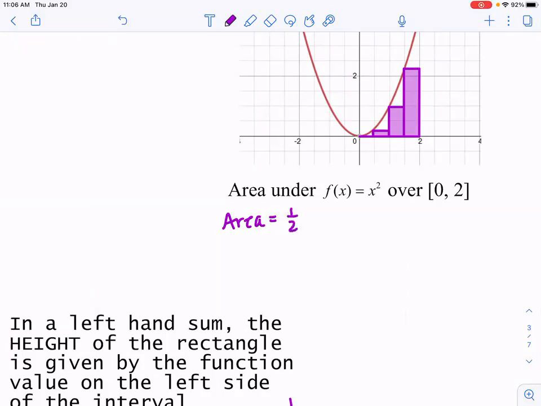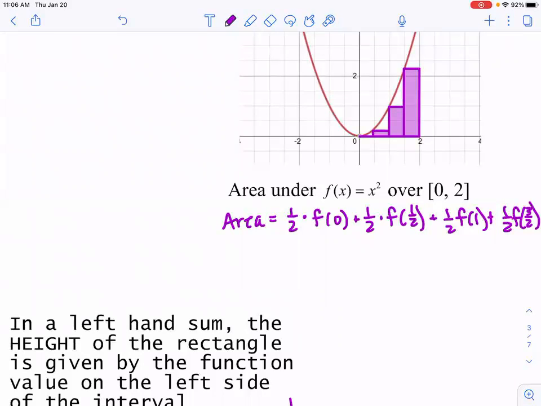So I'm going to take 1/2 times the function value at 0. Plus, from 1/2 to 1, the left side is 1/2. So our width times our function height. Plus the width times our function height. Plus the width times our function height.